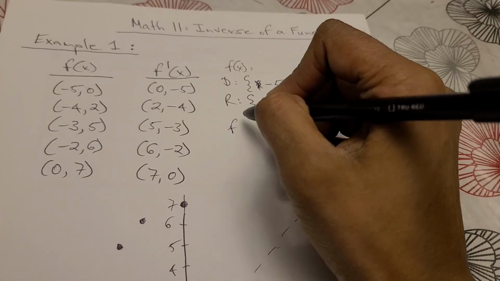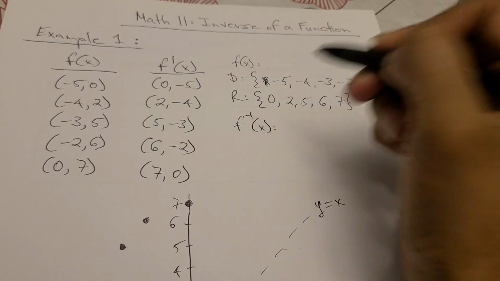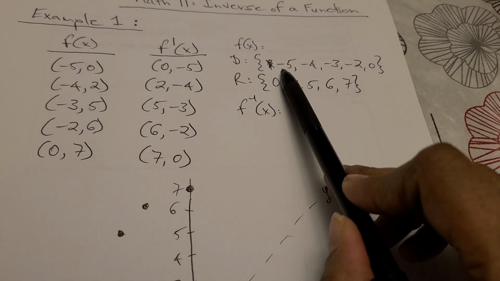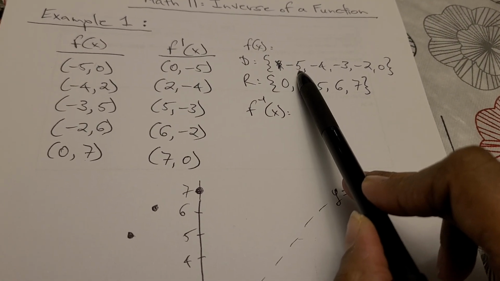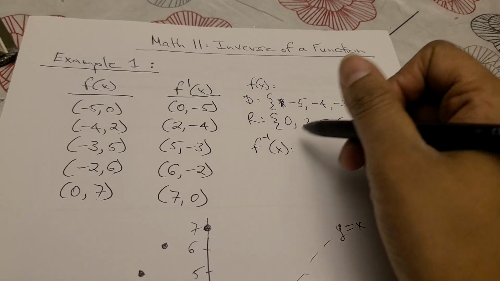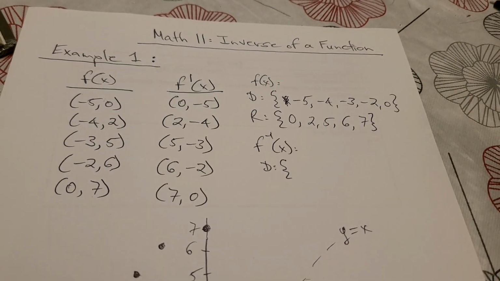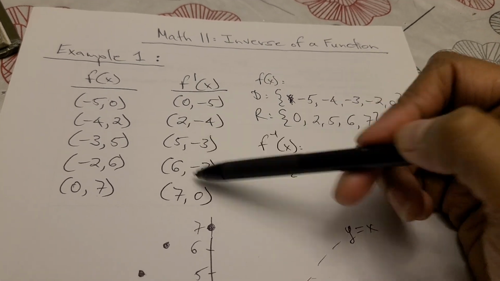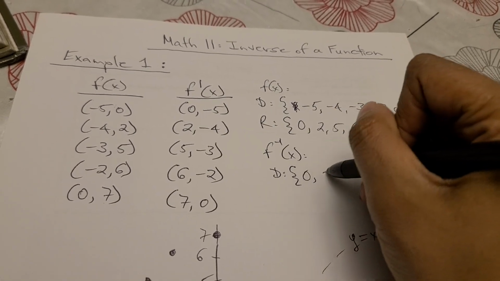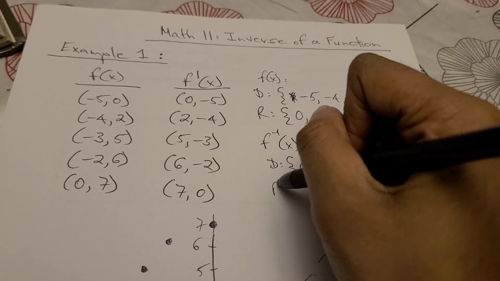And then you're going to do the inverse function, f -1 of x. And remember, when you're stating the domain and the range, it has to be in order from least to greatest. So let's do f -1 of x here, the domain. The domain represents these x values, so I just have to make sure they are in order, which they are.